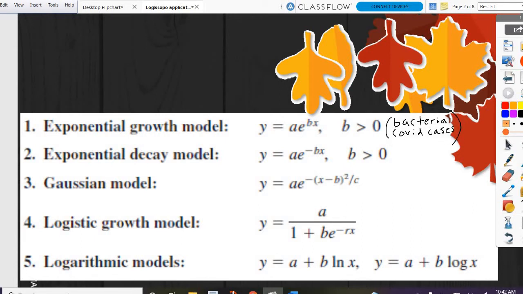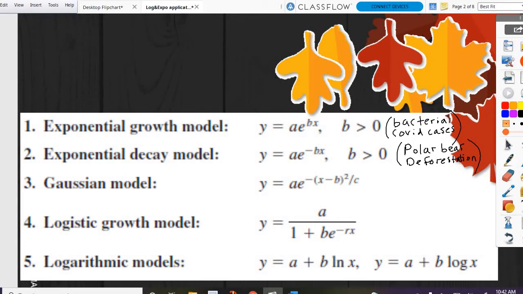Now, what would be an example of exponential decay? Like polar bear population, or deforestation. We all with me? Yeah.